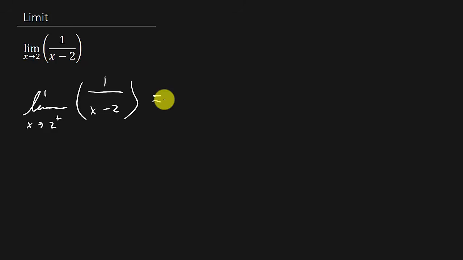So when you do that, I think it's easier to come over here and draw a number line. So you got the number 2 there. 1 would be way out here. 3's out here. And what we're doing is we're approaching 2 from the right-hand side.